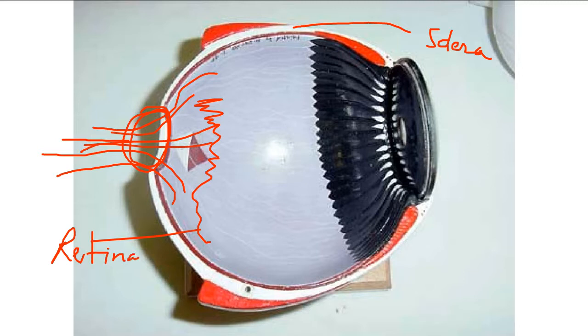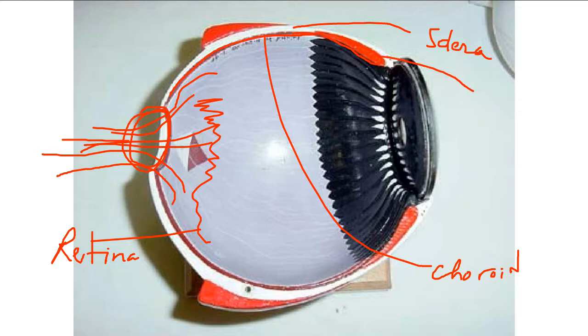And the middle layer that has a lot of blood vessels is known as the choroid, right? Now, the choroid, as it moves forward in the eye, becomes this, and that is known as the ciliary body.